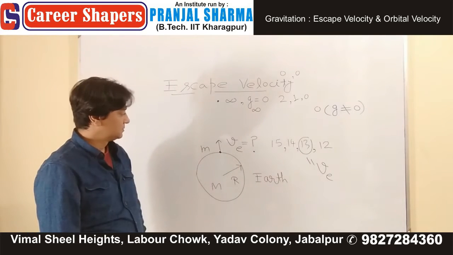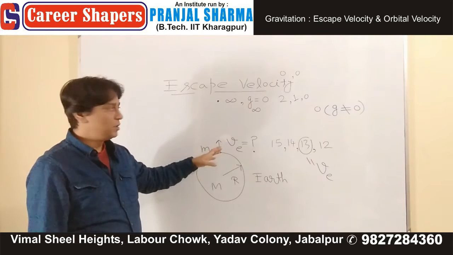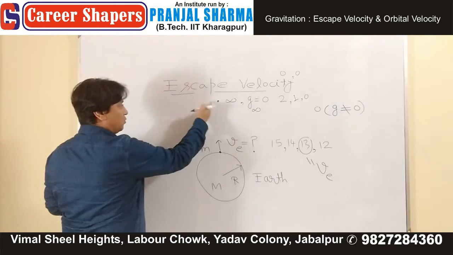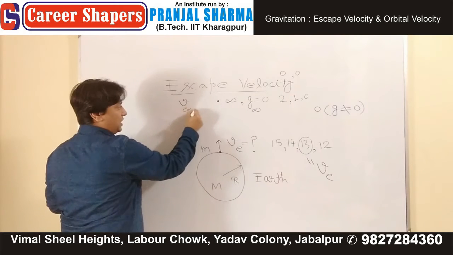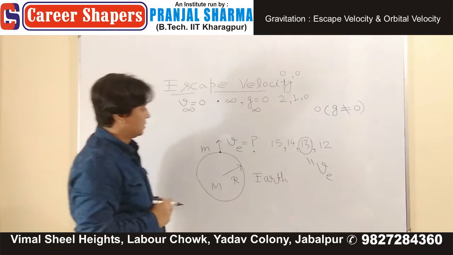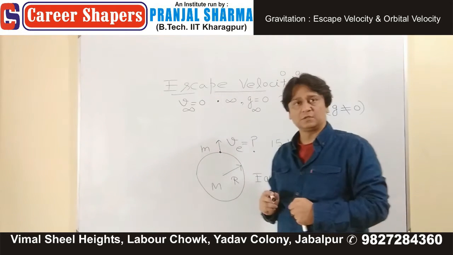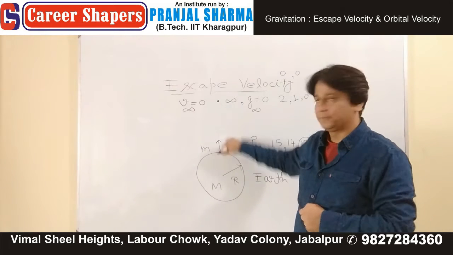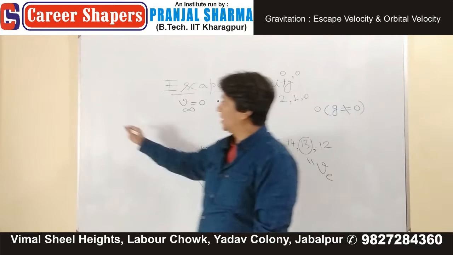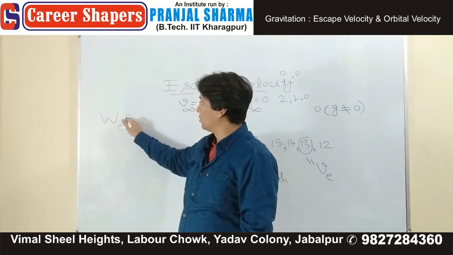Now, the question is we need to find ve, which is the minimum speed you throw an object so that it reaches infinity, and I have told you that when it is at infinity, v at infinity will become 0. The other hint for finding ve is that once you throw the object, once the object leaves your hand, W external is 0.